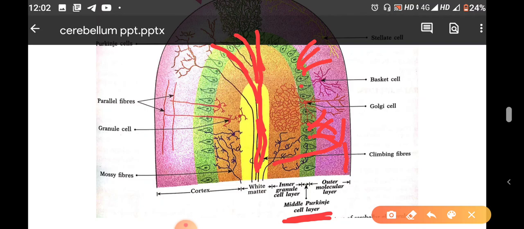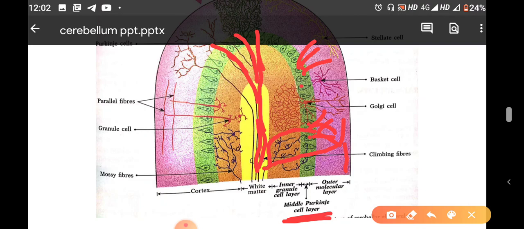Axons of these cells make synaptic connections with the deep cerebellar nuclei in the medullary core. They act as the sole output neurons from the cerebellar cortex and exert an inhibitory influence on the deep cerebellar and lateral vestibular nuclei. You will see in the next diagram how the Purkinje cells give inhibitory input to the deep cerebellar nuclei.